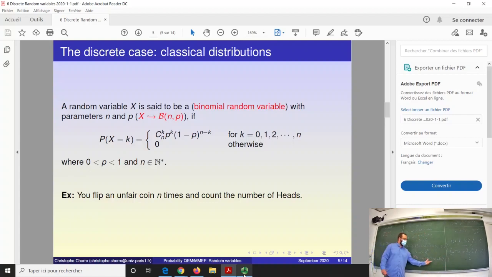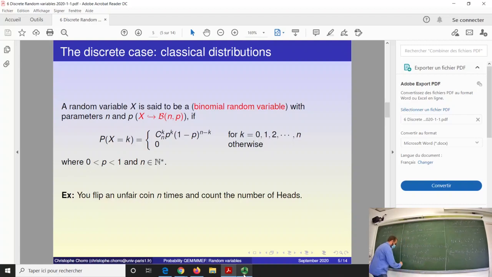The probability of each of them is equal to what? I have 1 tail and 2 heads. Probability of head P, probability of tail 1 minus P, but I do this for 2. So I have P times (1 minus P), (1 minus P) times P, and I take the probability of the union of 3 sets that have the same probability of occurring and that are disjoint, so I obtain 3 times P squared times (1 minus P).